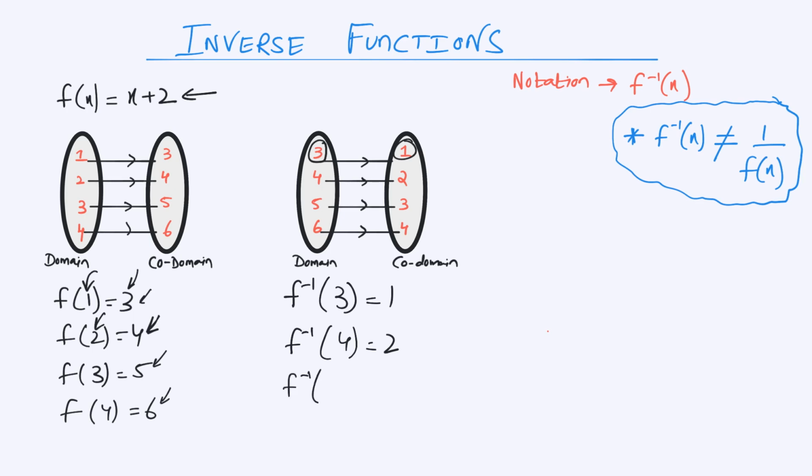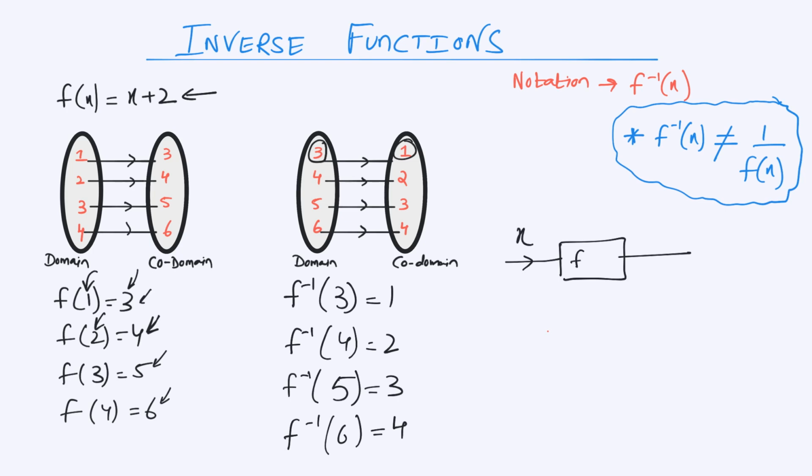When I insert 5, I should get 3, and when I insert 6, I must get 4 back. Let me clear this out with a simple example. These were the values of x. This is my function. The output that I'll be getting is f of x.